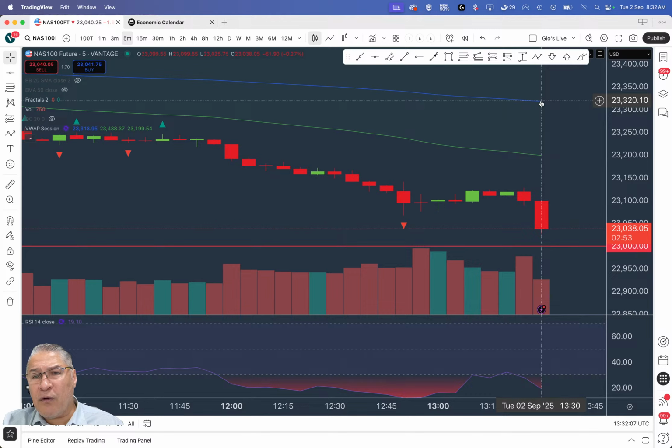All right, so here we have a possible setup for an entry long. We do have a fractal low and a fractal high. I use my Fibonacci retracement tool from the swing low to the swing high.